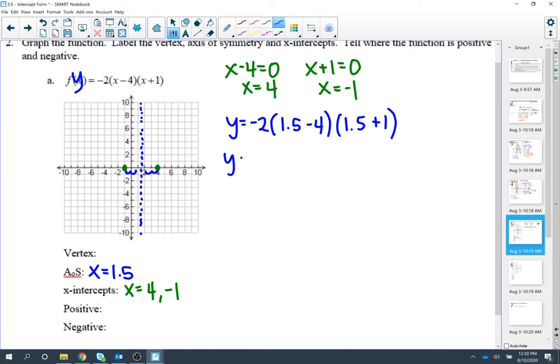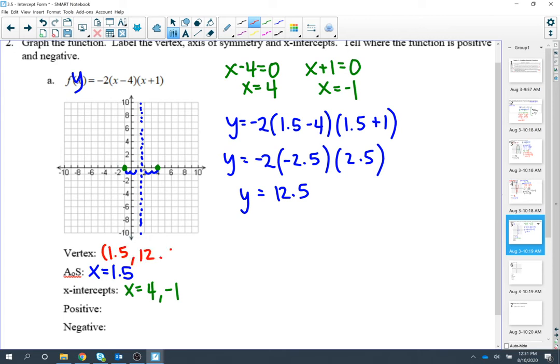So y equals negative 2, and then 1.5 minus 4, which is negative 2.5, and then 1.5 plus 1 is 2.5. Negative 2 times negative 2.5 times 2.5 gets me 12.5. So that means my vertex is at 1.5, comma 12.5.